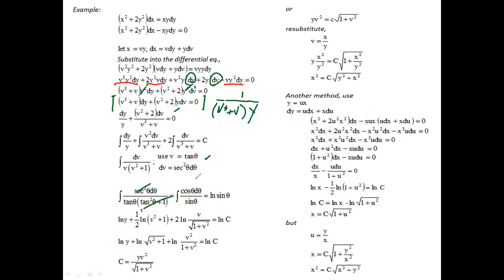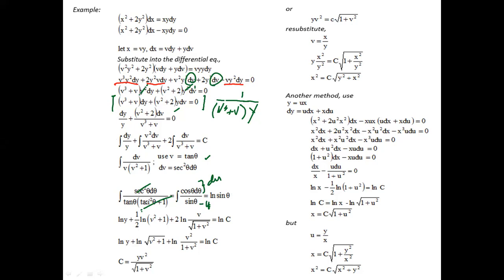So the integral of cosine theta d theta over sine theta. You have the answer to be an ln because if this is your u, your numerator is your du. So it's an ln of sine theta. So your answer then is ln y for this. So we answered this one, huh?